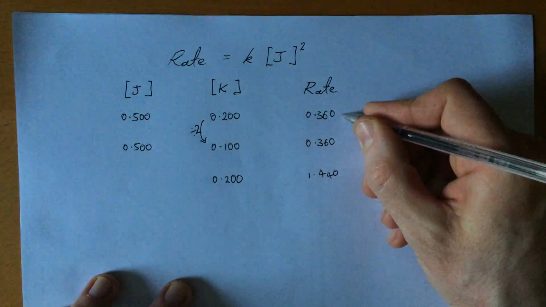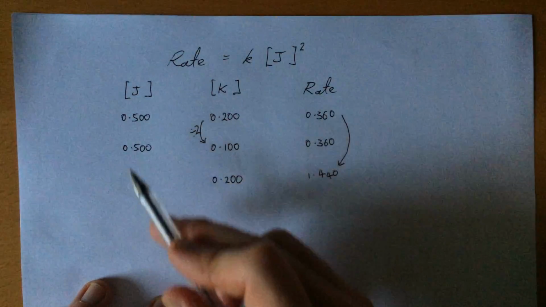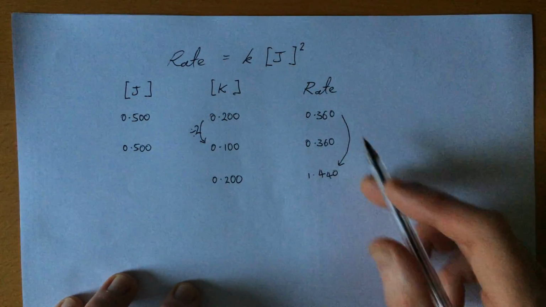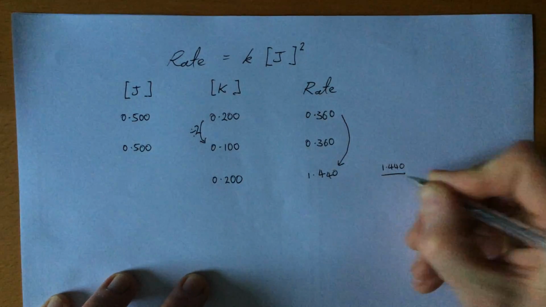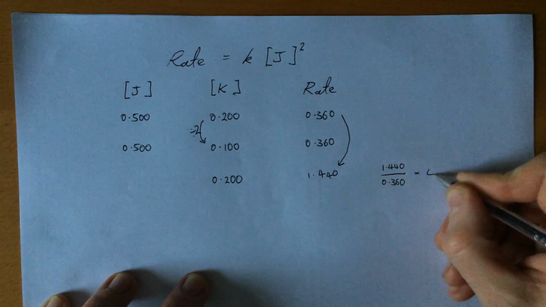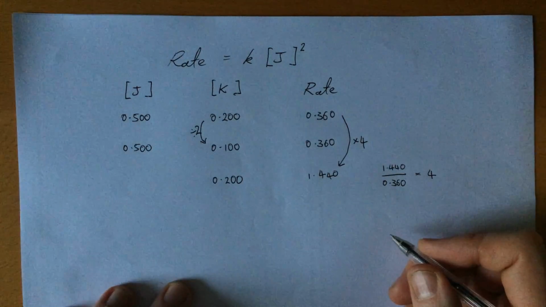So that change in the rate is just due to how the concentration of J has changed. So how has the rate actually changed? Well, 1.440 divided by 0.360 is 4. So the rate has increased by a factor of 4.